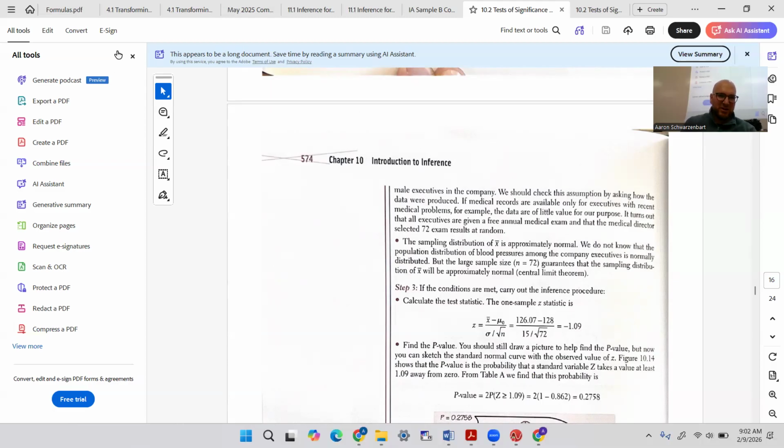So now we're going to run our test. Z equals my mean minus my assumed mean, or my H mu naught, over sigma over the square root of 72. And this equals negative 1.09.